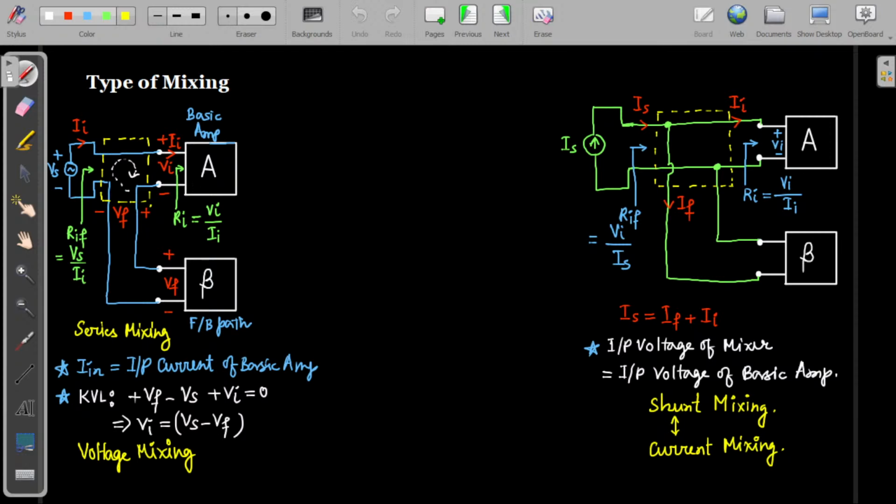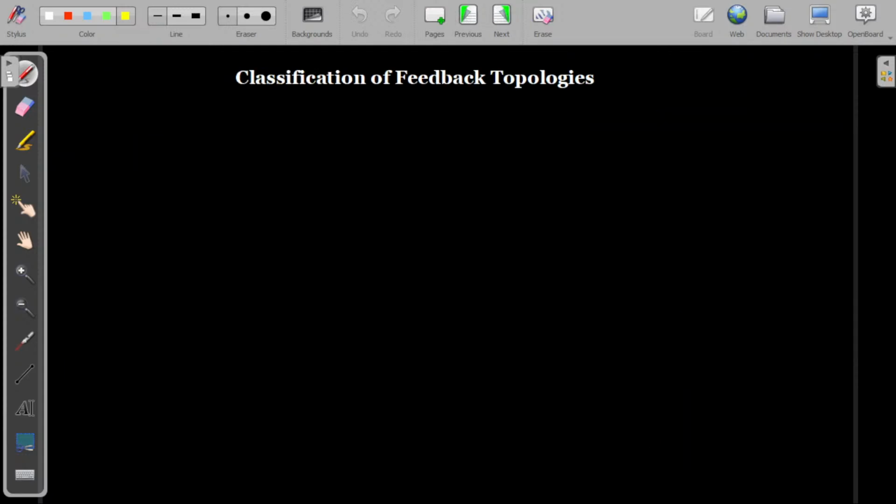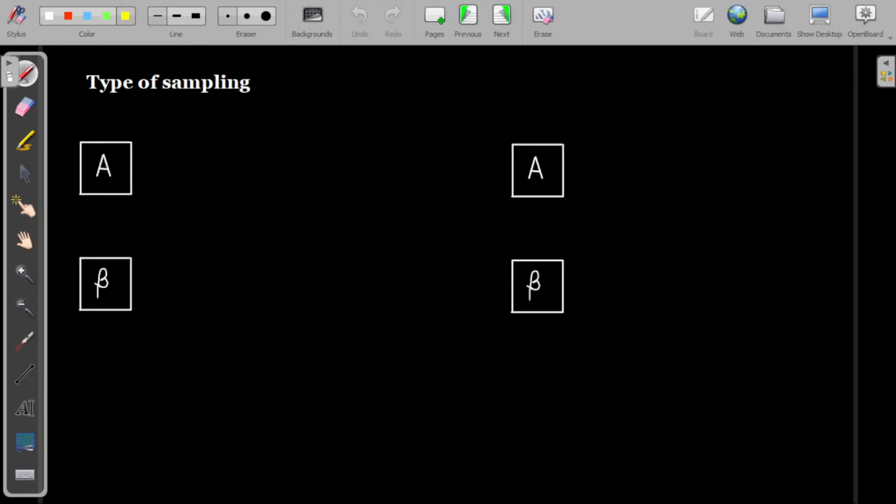Then I go for the shunt mixing, the types of sampling.